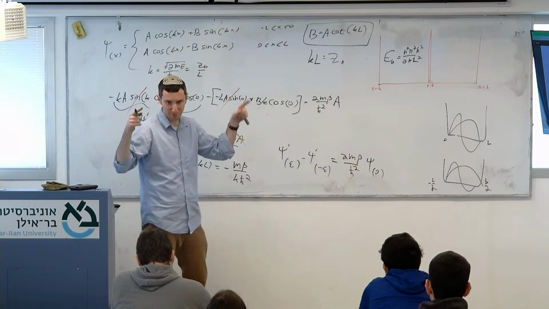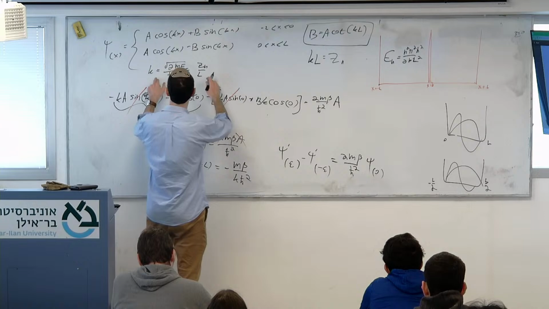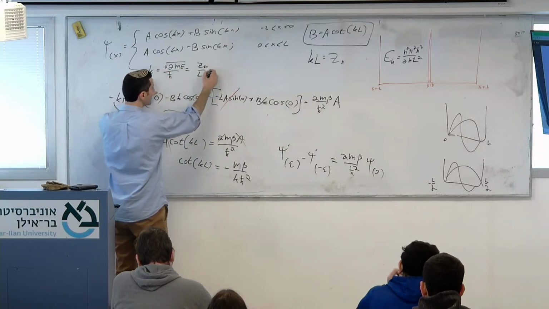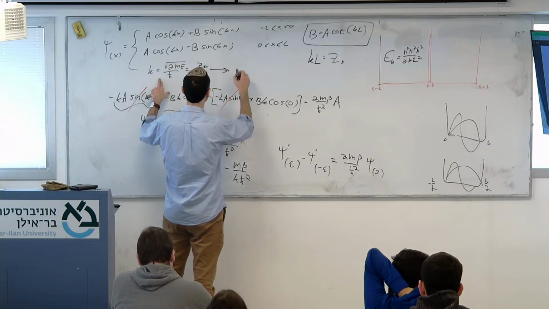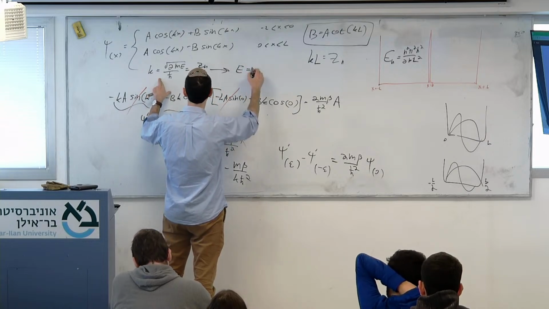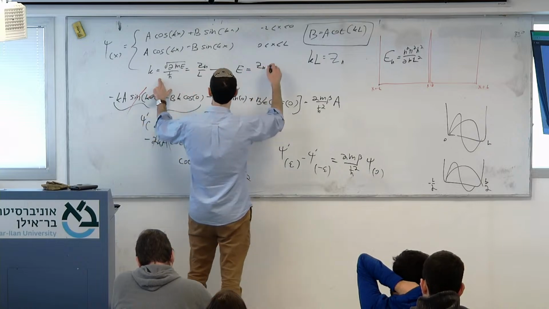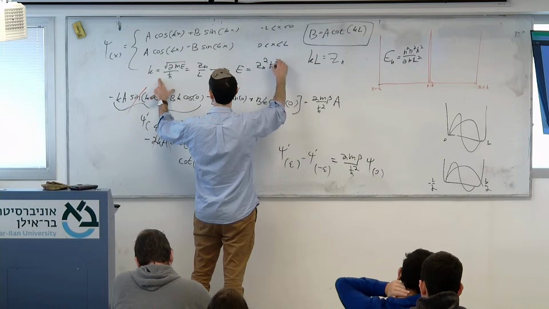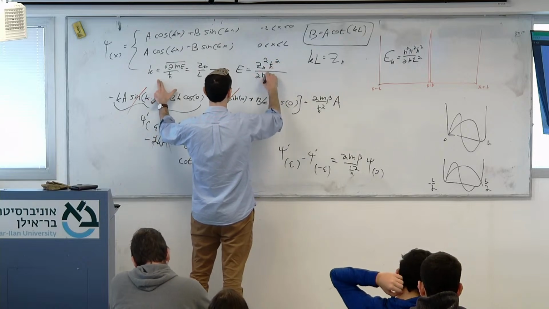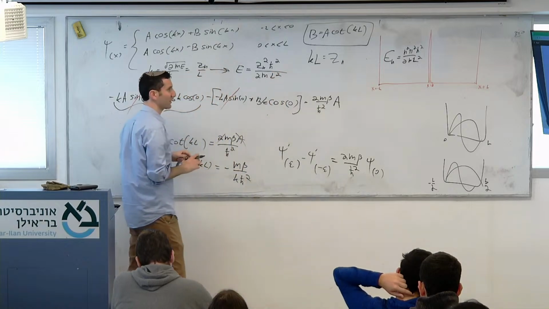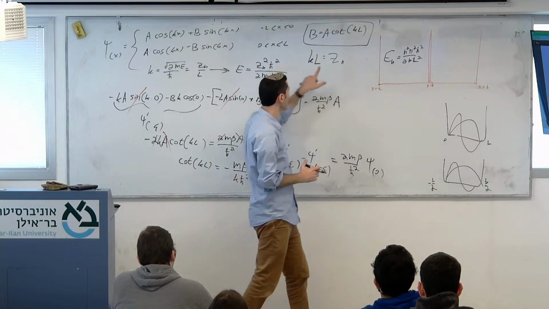Here I have 2L squared. So let's see what I get. Instead of K, I can write Zn over L. So E would be Zn squared h bar squared over 2mL squared. That's what I get here, right? Ooh, this seems similar, right?